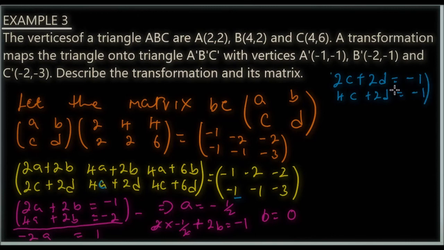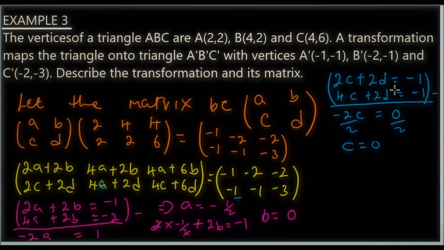So these are two simultaneous equations. We can eliminate d, so we subtract. So 2c minus 4c gives us -2c is equal to 2d minus 2d is 0, and -1 minus -1 gives us 0. So if you divide both sides by 2, you get c is equal to 0.